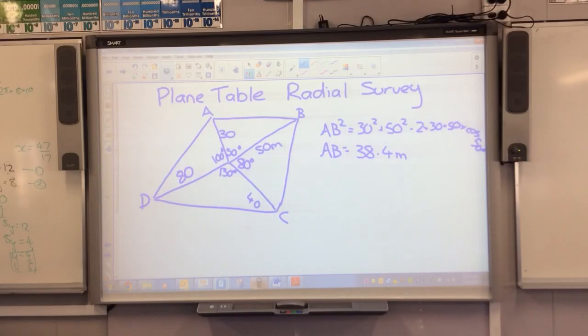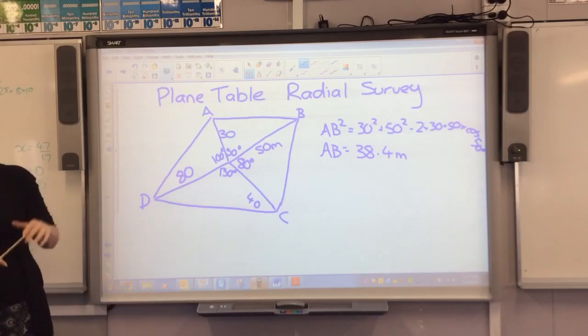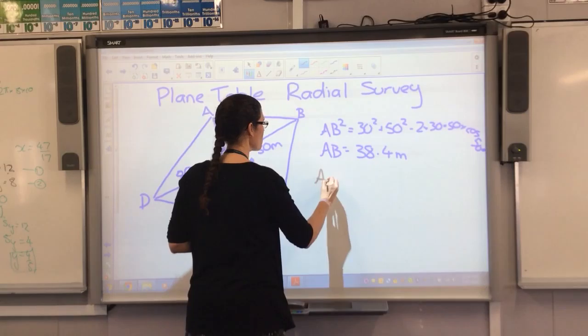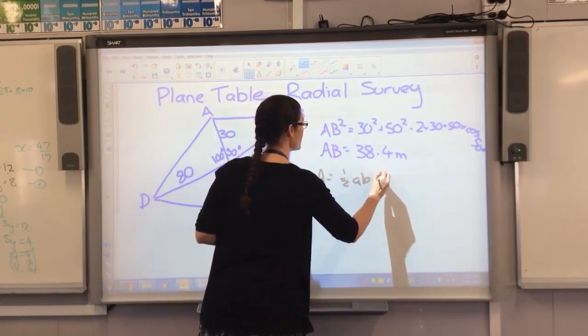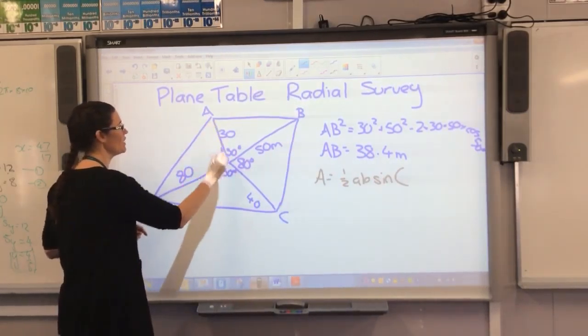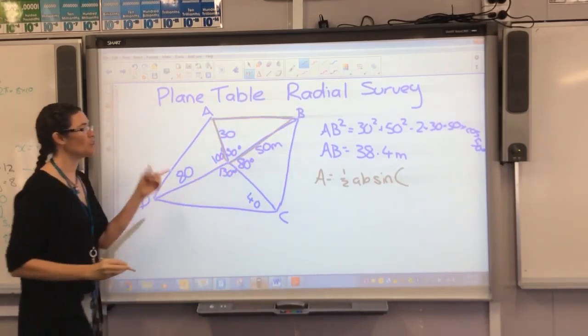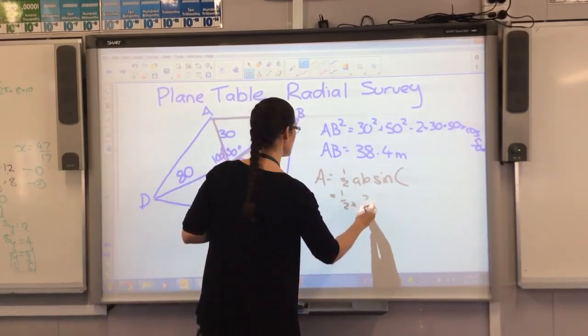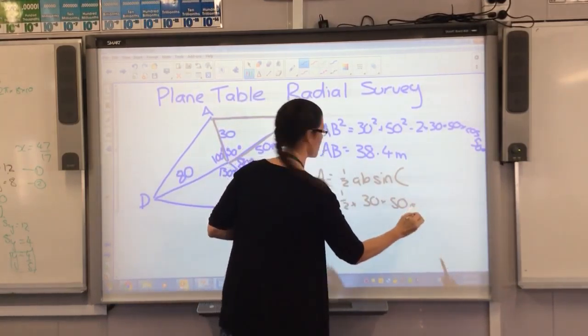What rule would I use to find all the areas? What is the area rule? Half AB sine C, because there are no right angles here. I can't use half times base times height. I'm going to have to use the rule that it's a half AB sine C. So just for this triangle for now, to calculate the area of that would be a half times 30 times 50 times sine 50.